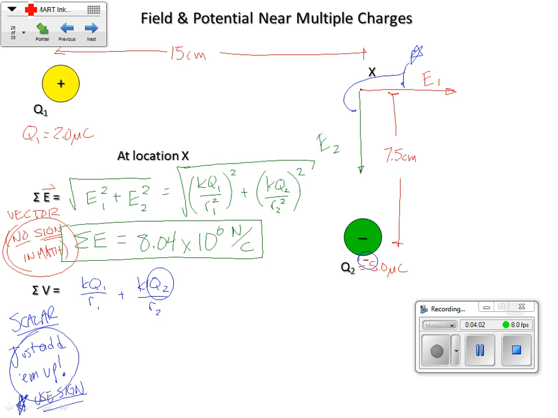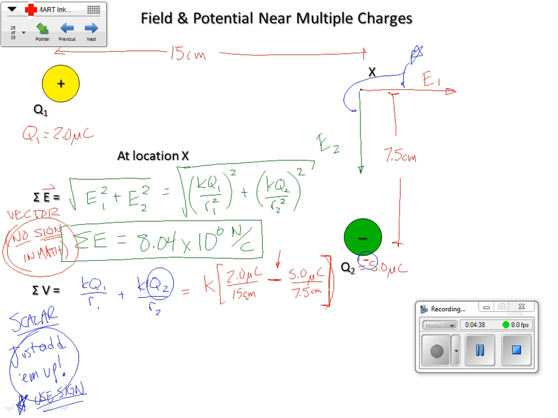So I will write this one out. I'll factor out the k and leave it as k. Q1, 2.0 microcoulombs, which you'll change to 10 to the negative 6 coulombs, and then minus 5.0 microcoulombs. We're really saying here plus negative 5.0. Square brackets.